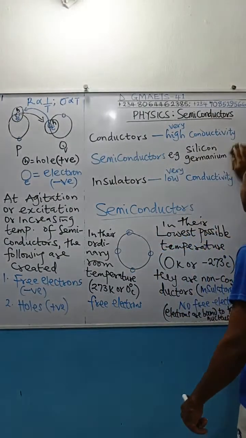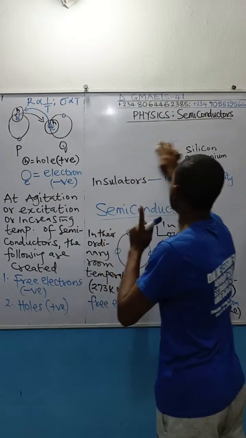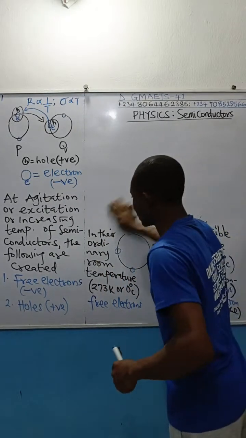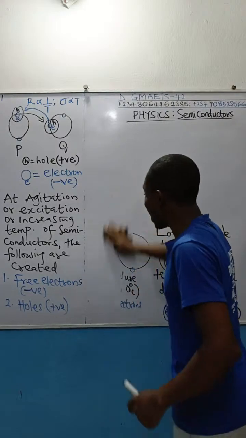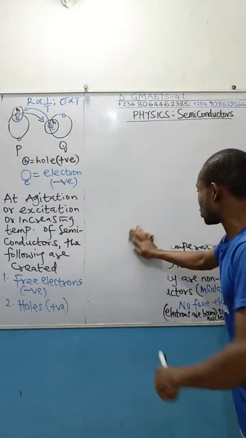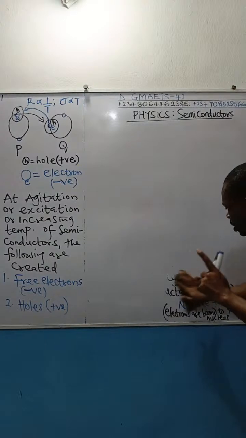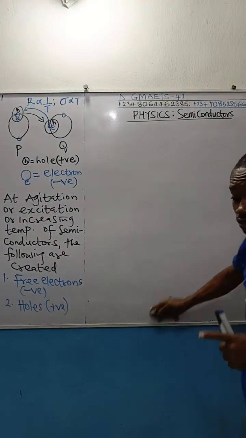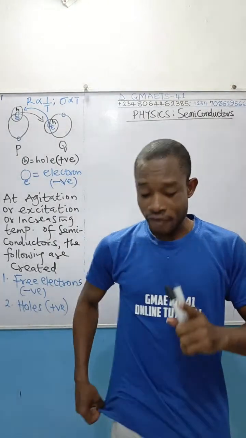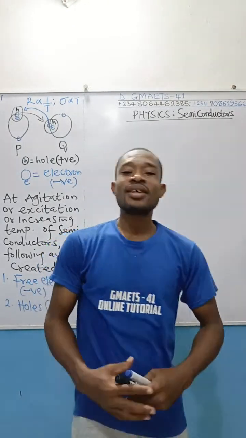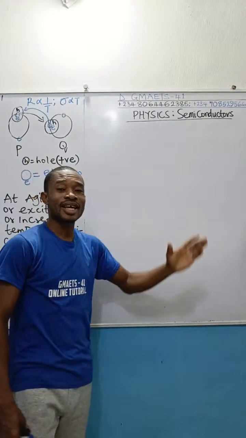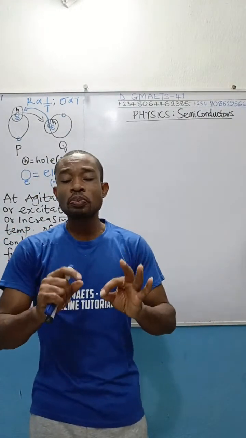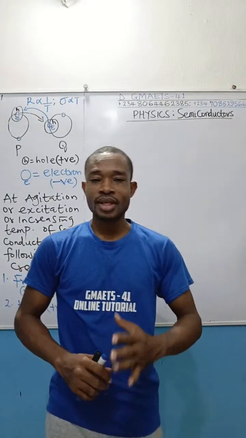I'm wiping this. We are now going to move on to types of semiconductors and how they are formed. Before I move on, I would like to emphasize that the two examples of semiconductors I gave, silicon and germanium, are called pure semiconductors.